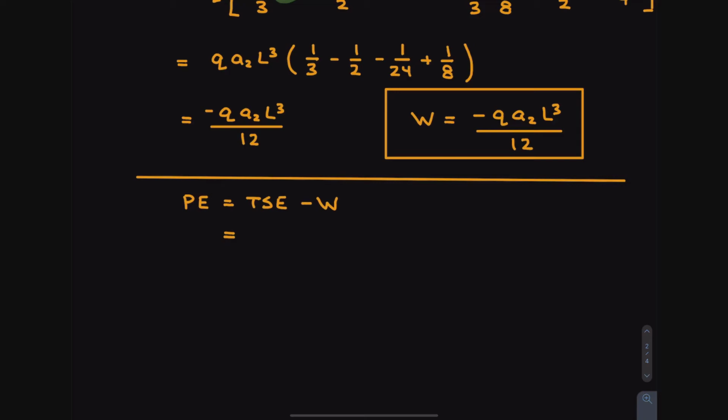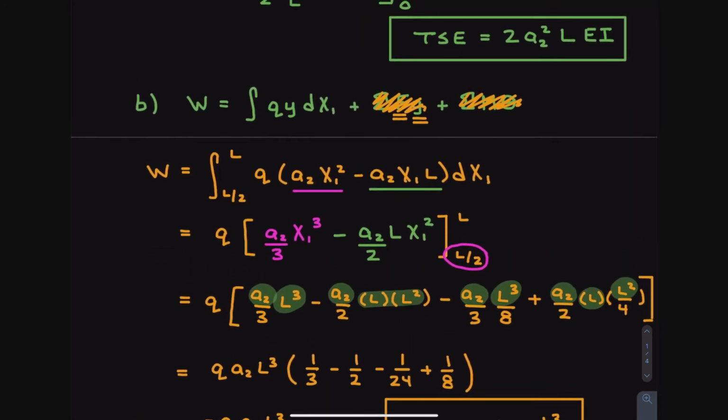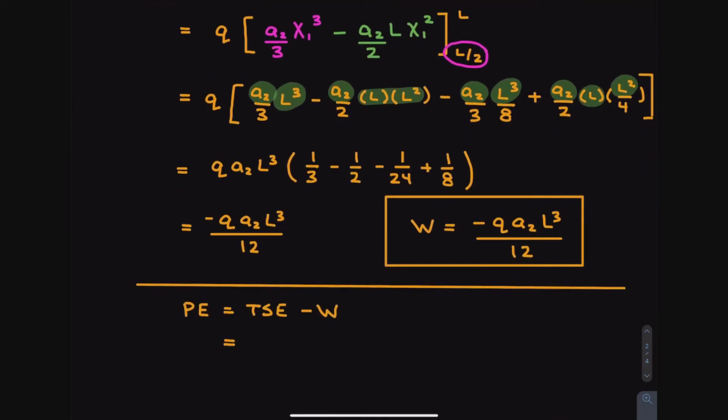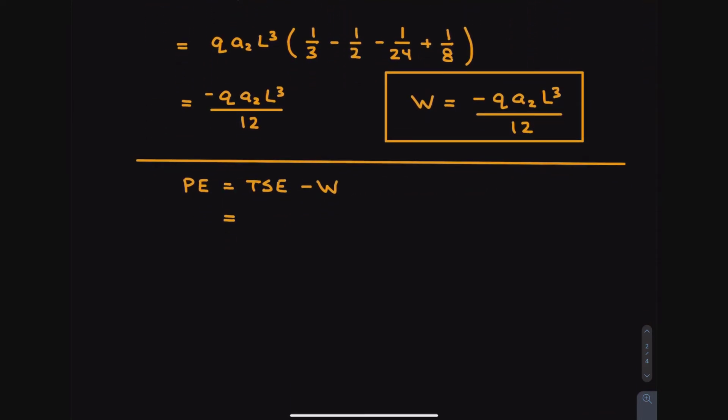So all we have to do is take our total strain energy, which we found as 2A2 squared L times EI. So I'm going to come down here and say, all right, this is 2 multiplied by A2 squared multiplied by L multiplied by EI. And we minus the work done on the system, which we have as negative 12. So this is going to come to a positive, plus Q multiplied by A2 times L cubed, all divided by 12. So just like this.